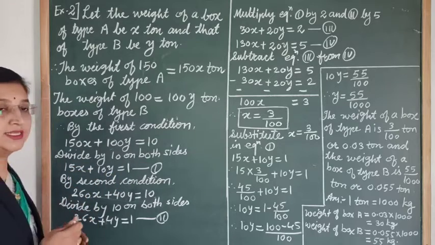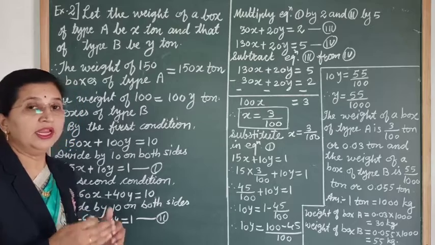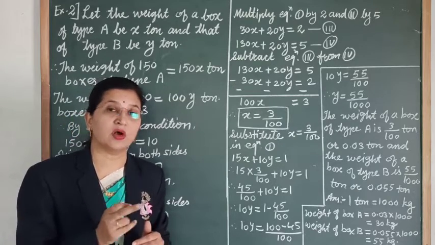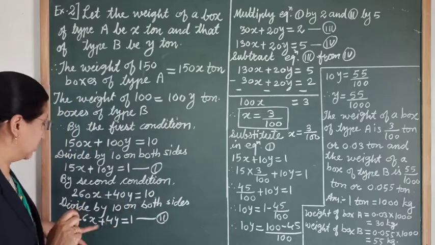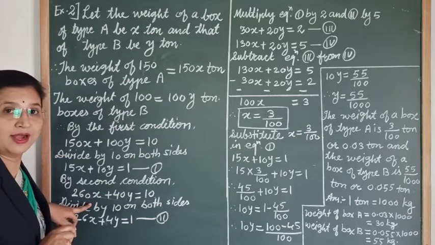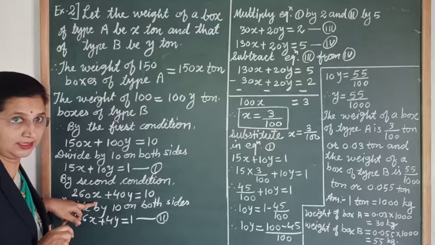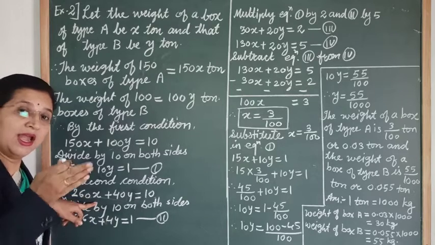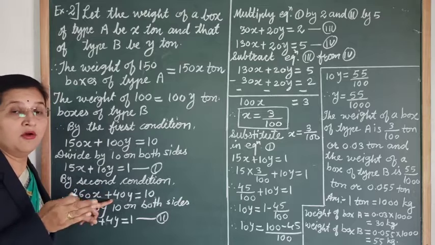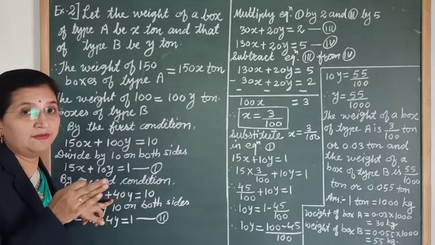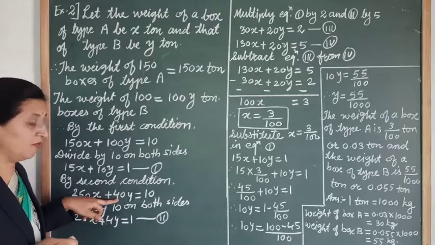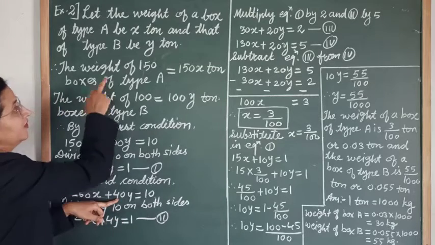Okay, now the second condition is given that if the truck is filled with 260 boxes of type A, so what will be its weight? 260x will be the weight of A type boxes, and still it accommodates 40 boxes of type B. So here 40 boxes, which type is that?